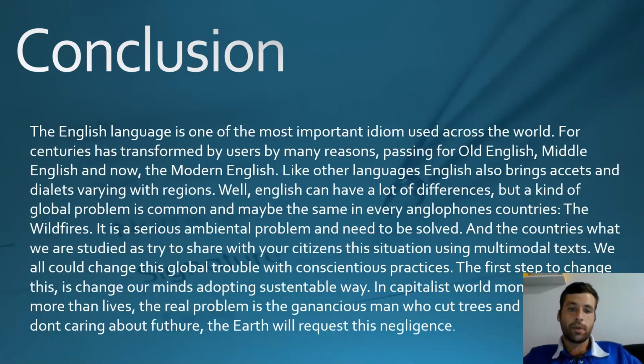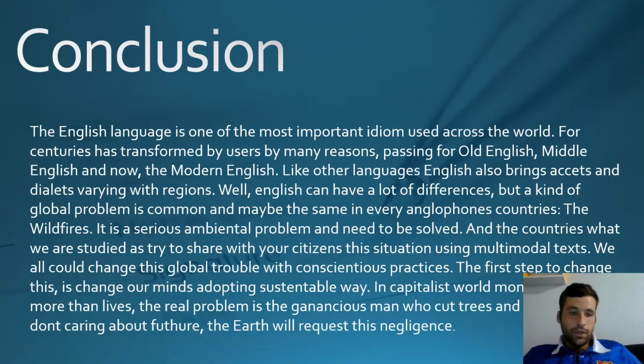It is a serious environmental problem and needs to be solved, and the countries we are studying are trying to share the situation with their citizens using multimodal texts. We all could change this global trouble with conscientious practice. We can change this.